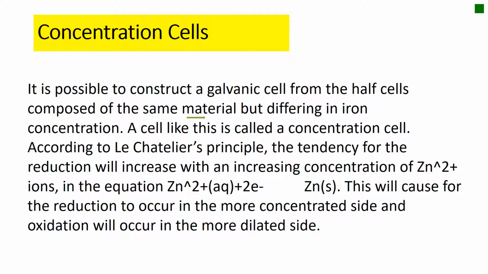So basically, by increasing the concentration of Cu2+ ions, this will cause the reduction to occur in the more concentrated side, and the oxidation will occur in the more dilute side. So keep that in mind: reduction is always going to occur in the more concentrated side, and oxidation will occur in the more dilute side.